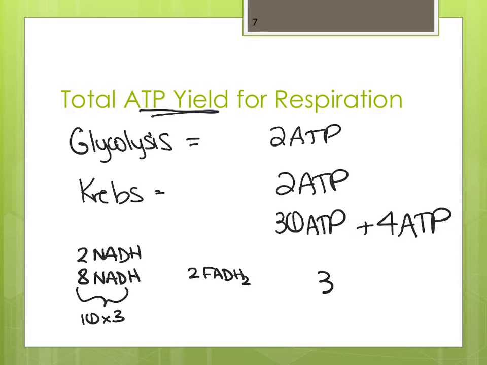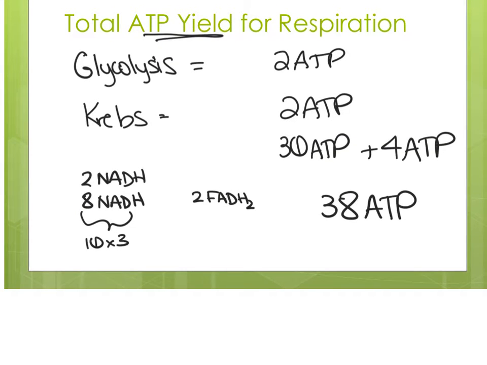So we end up with a total in a perfect world of 38 ATP. Almost nothing makes 38 ATP. The actual net yield that you end up with is somewhere around 32. So that's a pretty good system. 38 would be in a perfect world.